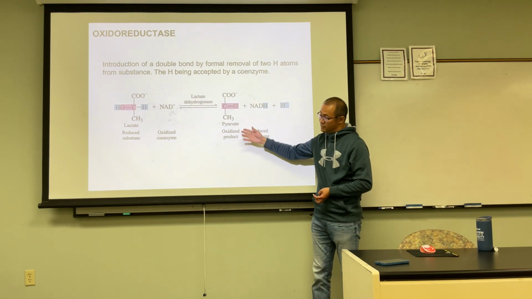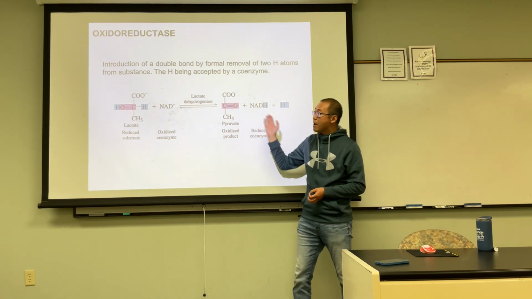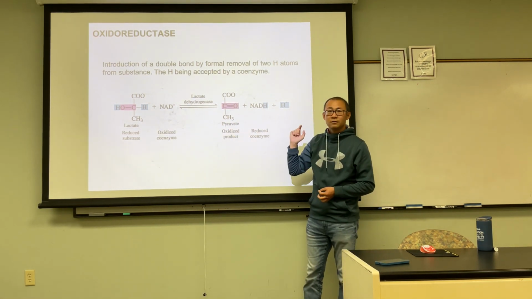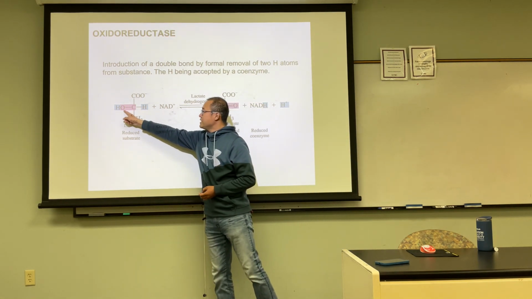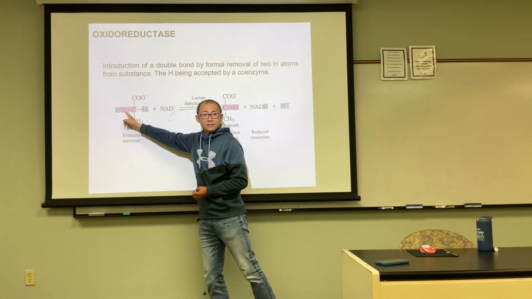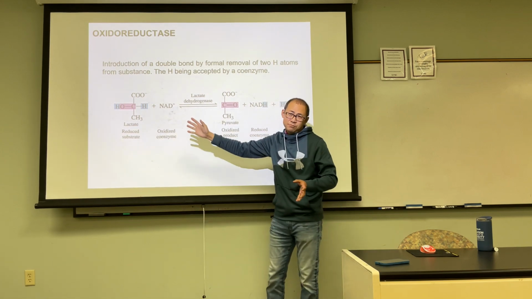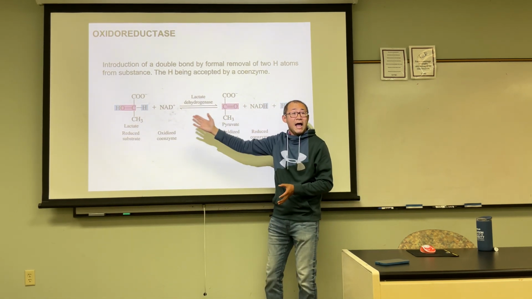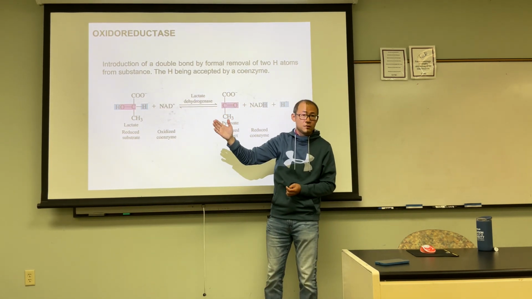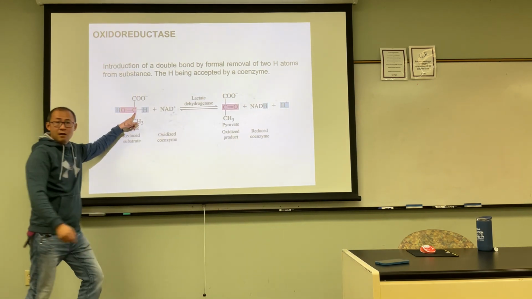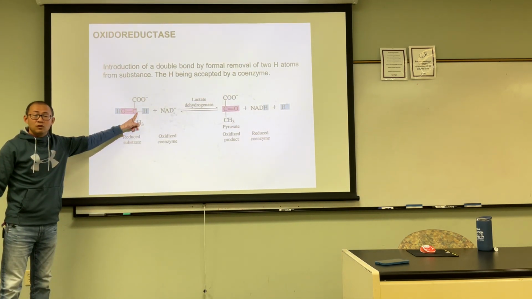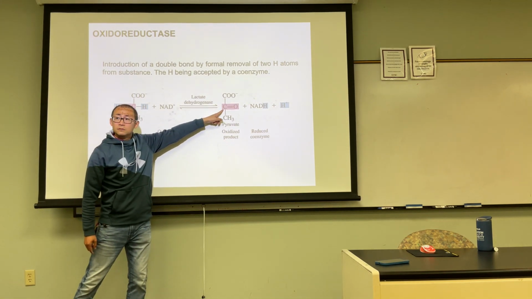For example, in this case, from left to right, guys take a look. This is an alcohol, if you can remember, right? Again, you don't even need to know what the substrates are. You just need to know, hey, what's going on? What happened from left to right or from right to left? On the left, it is what? Alcohol. On the right, we get a what?